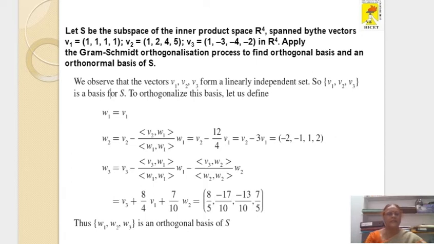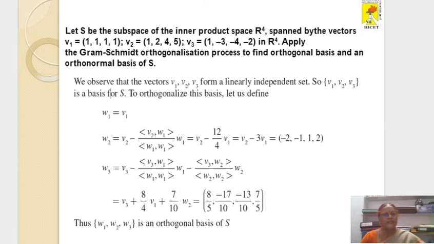Now next to find out W3. W3 equal to V3 minus inner product V3, W1 by W1, W1 into W1 minus inner product V3, W2 by W2, W2 into W2. In the same way, you substitute V3 minus inner product of V3, W1, find out, and W1, W1 multiply, then W1 equal to V1.